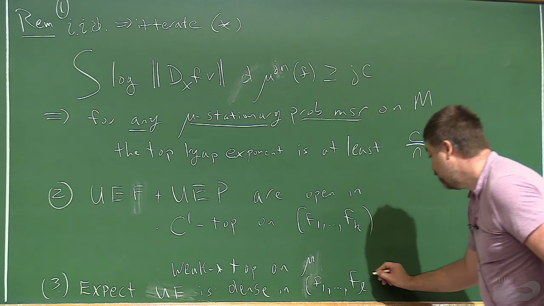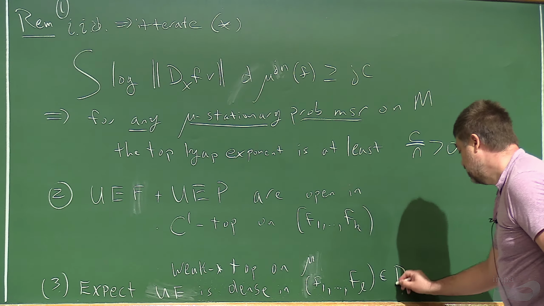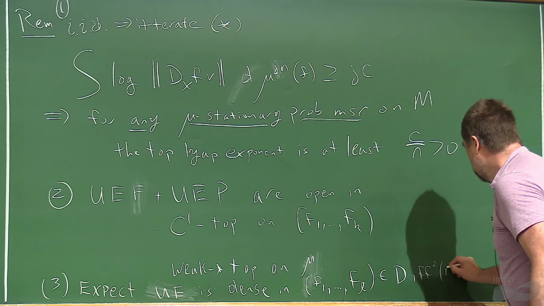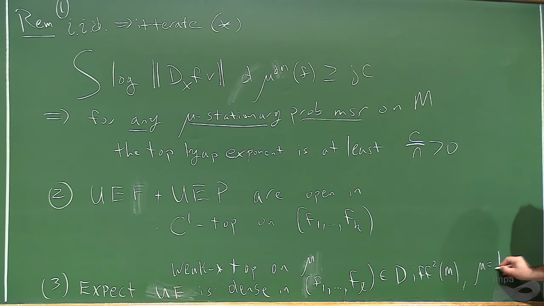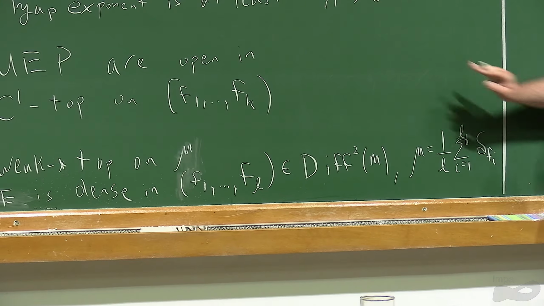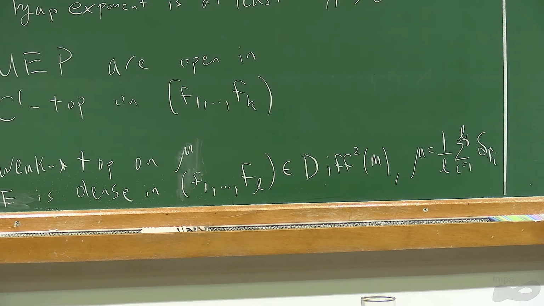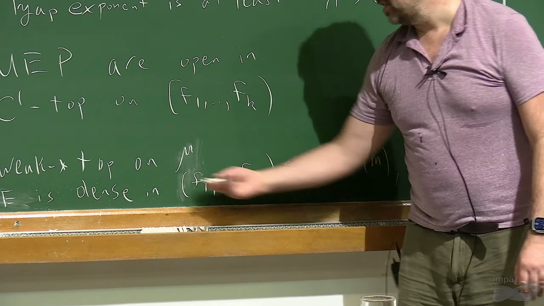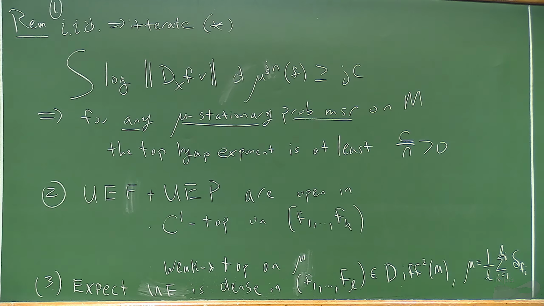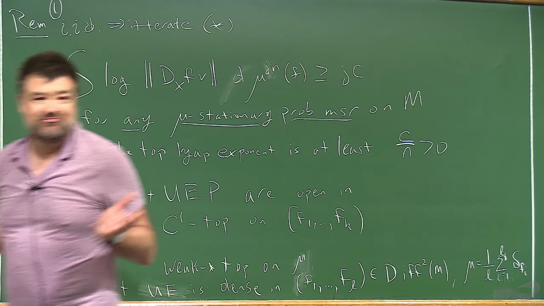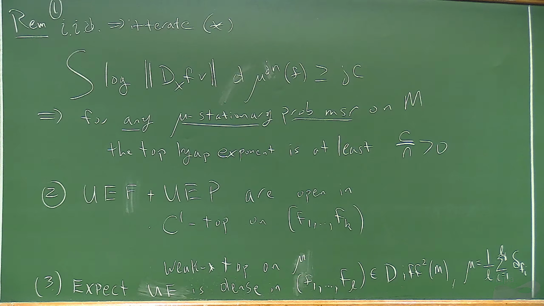If we take F1 through FL in, say, C2 diffeomorphisms of M, as long as L is at least 2, and let's say just take the evenly weighted measure, so let's take 1 over L, the sum, i equals 1 to L, delta Fi. So let's just take the evenly weighted mass on L generators. As long as L is at least 2, we actually expect that it's dense. So it's open in the generators, but we actually expect that it's dense. So this is some sort of generic property. We presume it should be generic on random dynamics or on group actions.